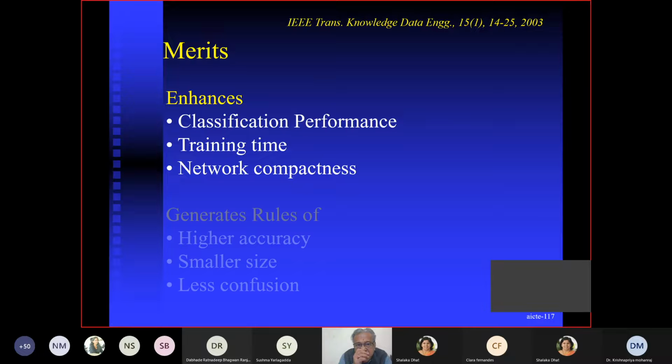It generates rules of higher accuracy, rules in linguistic terms, and smaller size rules. The number of rules will be small with less confusion. So these are the merits, because unless you have application specific merits, there is no question of making synergistic integration.